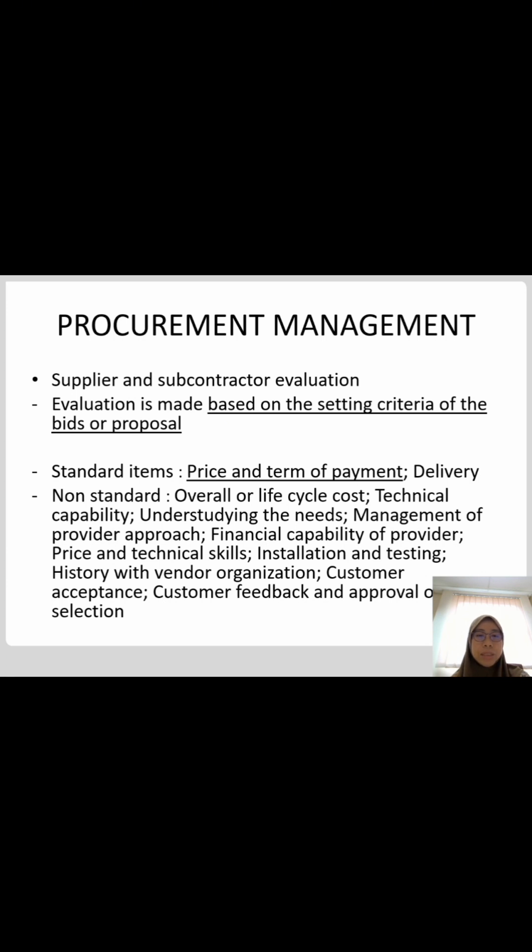So in this step, evaluation is made based on the setting criteria of the bids or proposal.